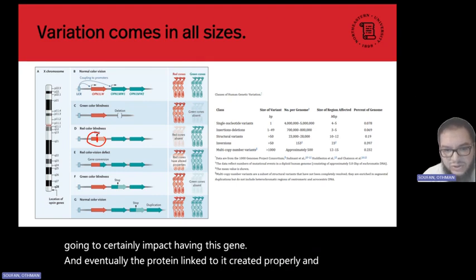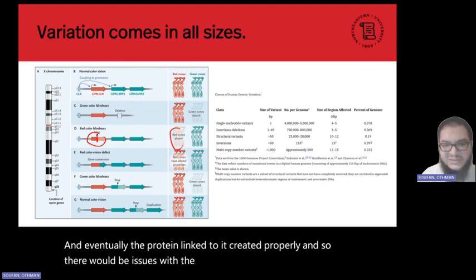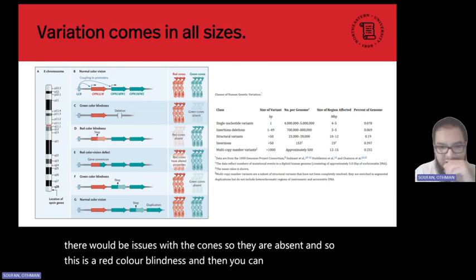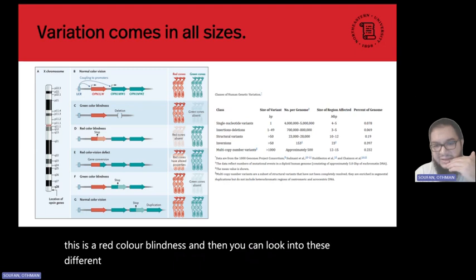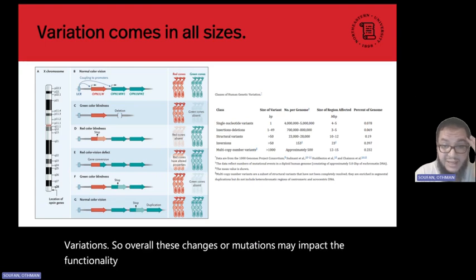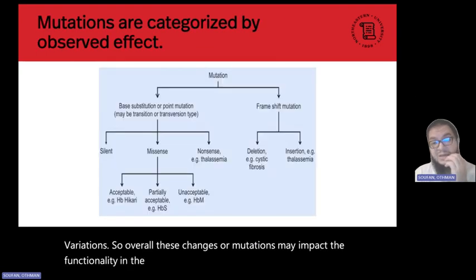There would be issues with the cones, so they are absent, and so this is red color blindness. And then you can look into these different variations. Overall, these changes or mutations may impact the functionality in the subject.